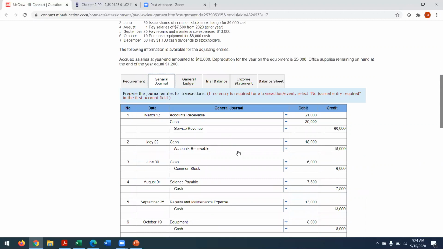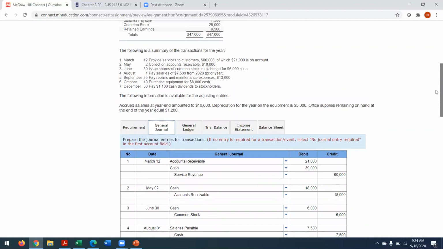We did receive it now. Then on June 30th, we issued shares of common stock in exchange for $6,000 cash. Don't we debit cash for 6,000? Credit common stock for 6,000?